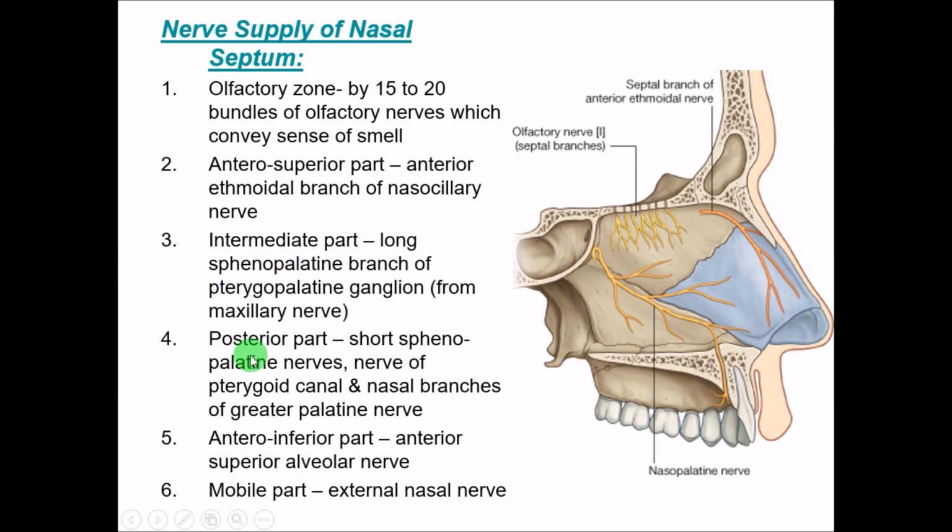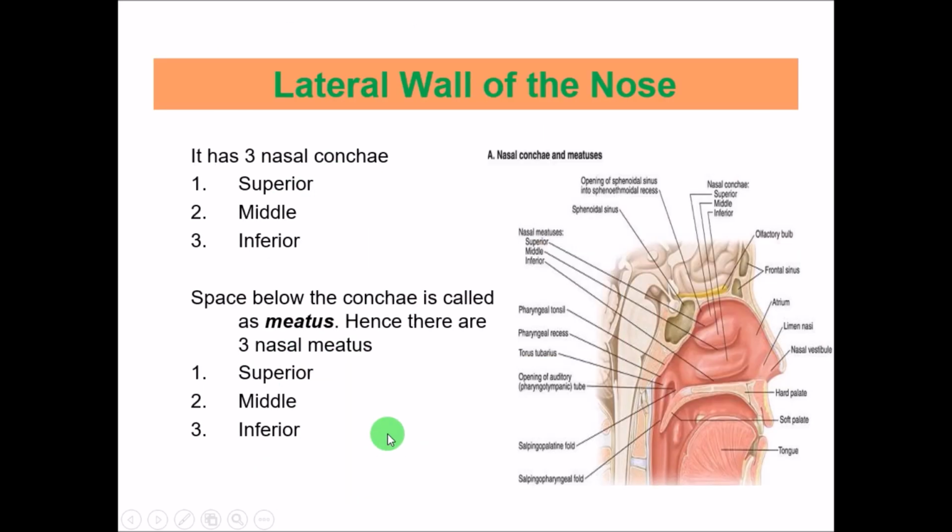The posteriormost part will be by the short sphenopalatine nerve of the pterygoid canal, as well as nasal branches of the greater palatine nerve. Then the anterior inferior part by the anterior superior alveolar nerve, and the most anterior part will be by the external nasal nerves. So all these nerves will be supplying the nasal septum itself.